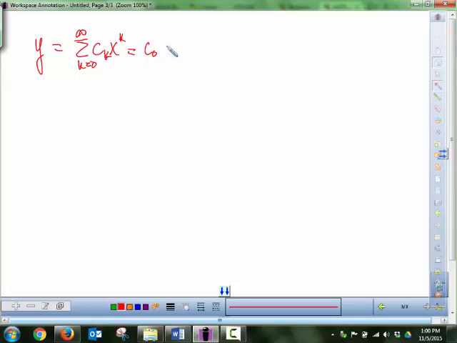So this is c sub 0 plus c sub 1 x plus c sub 2 x squared plus c sub 3 x cubed, and I'll put dot, dot, dot here. Let's see if we can find out how these things will look. We don't have a value for c sub 0 and c sub 1, but we know that c sub 2 is equal to 0.